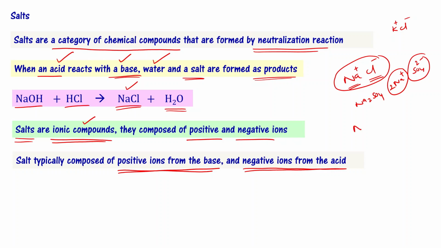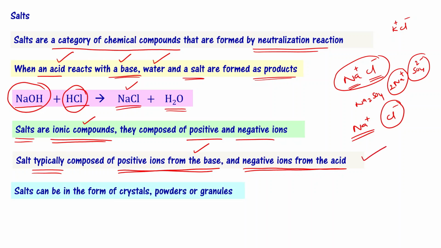Look at this, NaCl, Na plus and Cl minus, right? This Na plus is coming from base NaOH. And Cl minus, the negative ion, is coming from HCl acid. You understood? So this is a typical of the salts. And we are going to look at few more examples as we go.